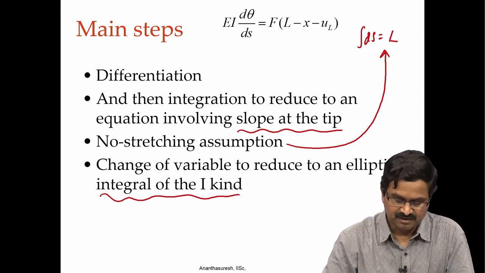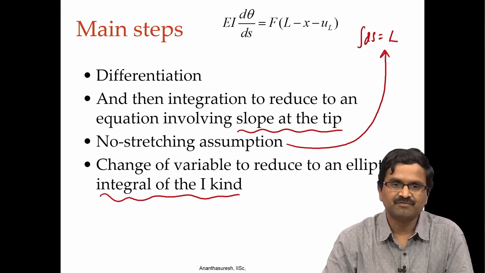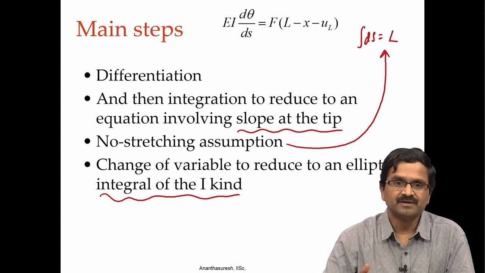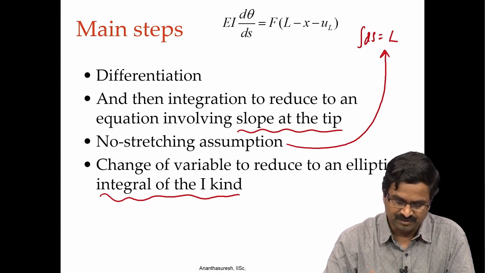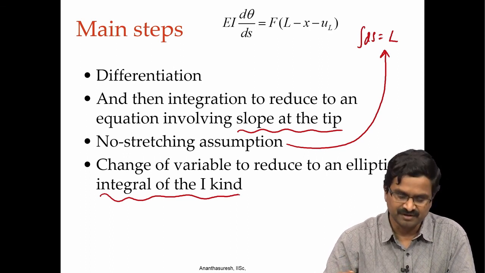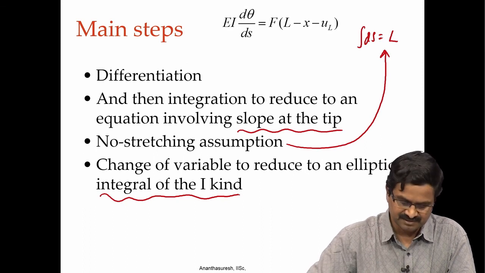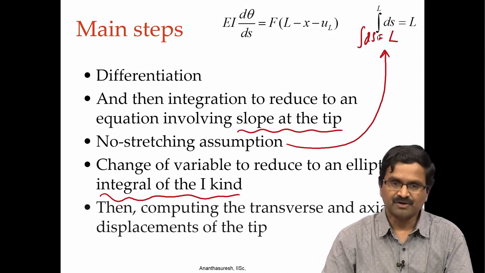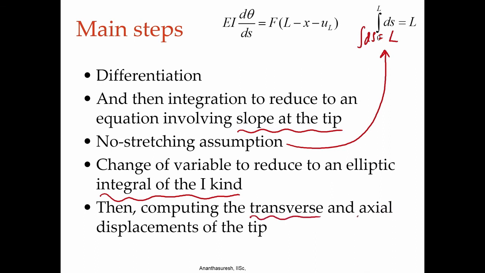These elliptic integrals cannot be solved in terms of elementary functions analytically, but numerically you can do that. There are a lot of routines in MATLAB and other software to get this. So, we have reduced that to a numerical solution in one variable involving elliptic integrals.